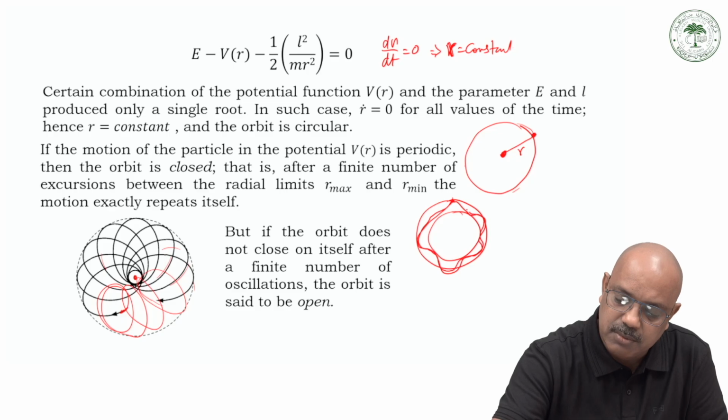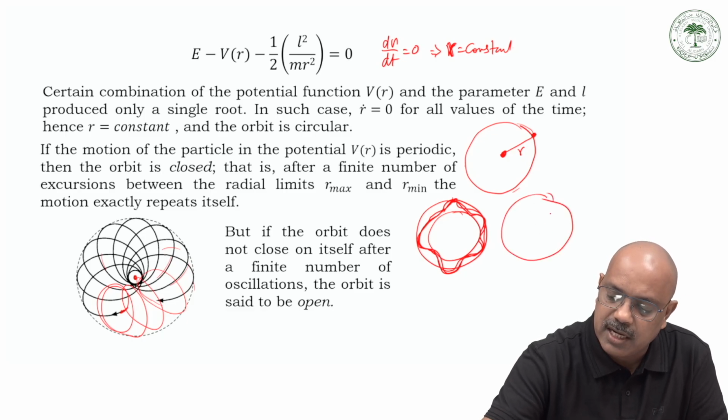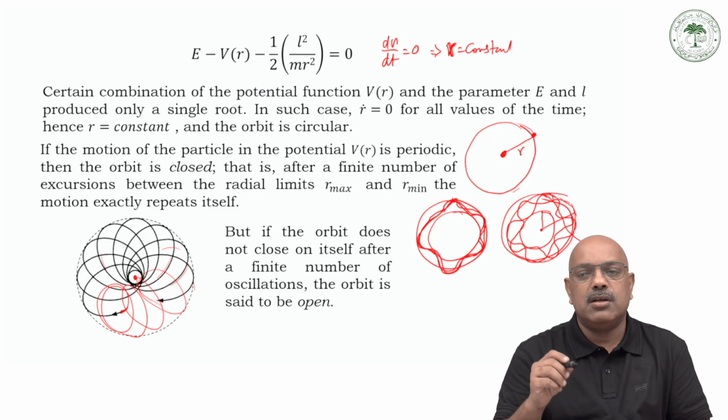But it may also happen that I have a region between R maxima and R minima, and the particle in this region is reflected back and does not close. It is within this region, but it is not getting closed.